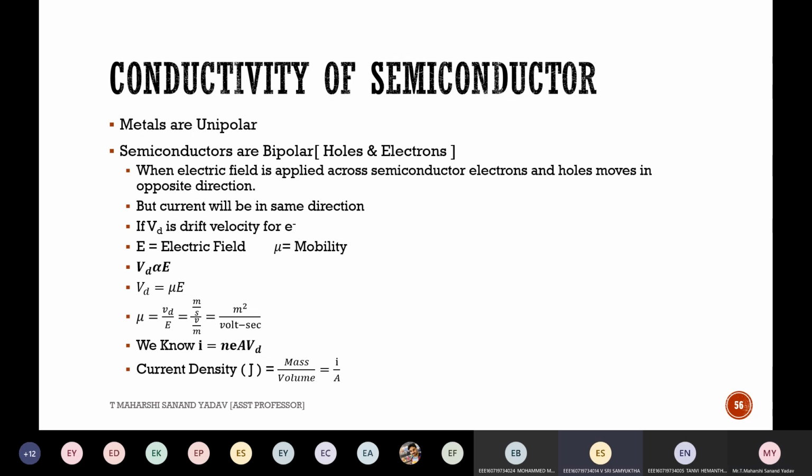Fifth group means how many electrons in the outermost shell? Five electrons.